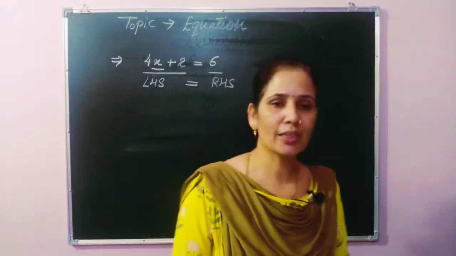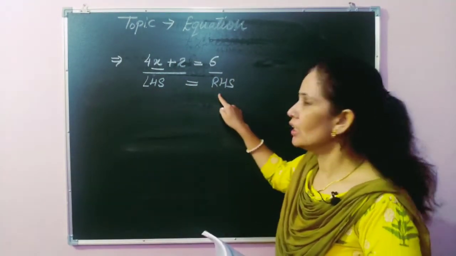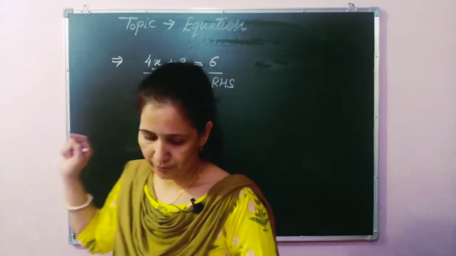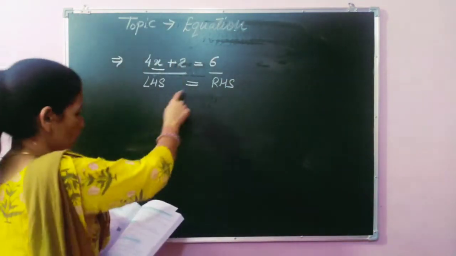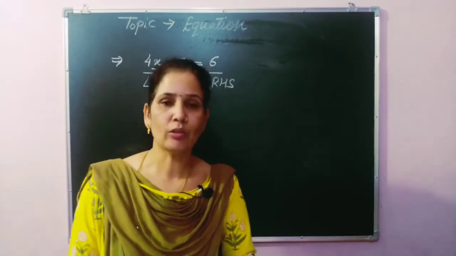An equation is satisfied whenever its left hand side equals its right hand side. This is called the solution of an equation. Why? Because the value of the variable for which the left hand side equals the right hand side is called the solution of the equation, and then only it is satisfied.